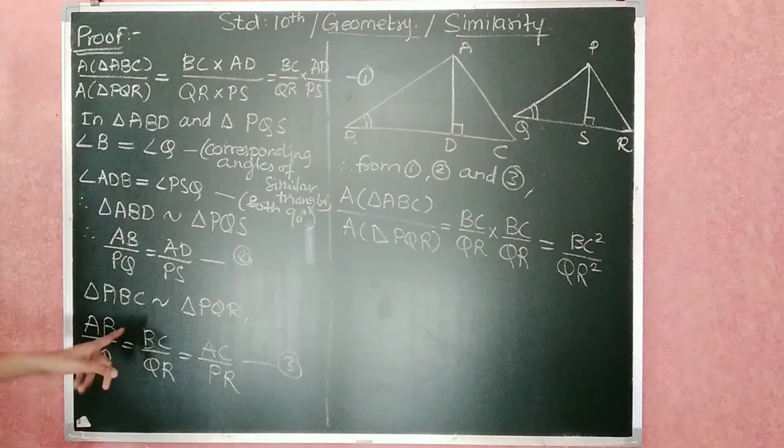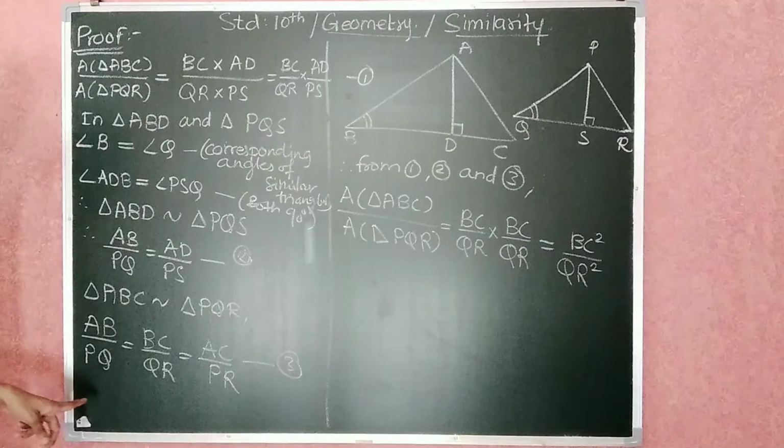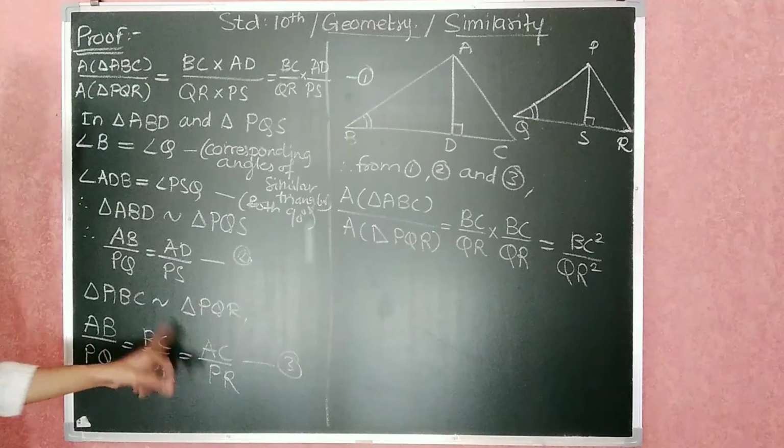Okay, so BC upon QR is equal to AB upon PQ and AC upon PR is equals to BC upon QR.